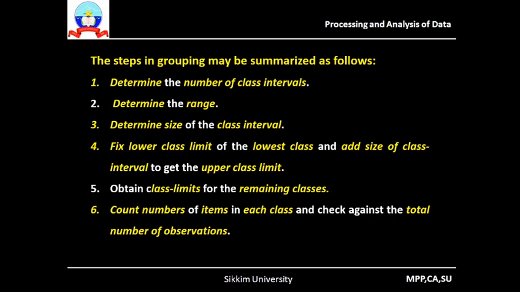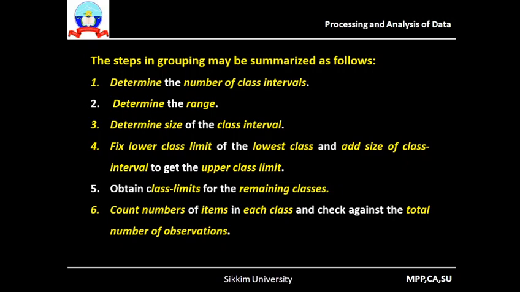So if you fix the lower class limit to 0, then 0 plus 25 will be the upper class limit. If you fix the lower class limit of the lowest class, then you will be capable of determining the class limits of all the other classes.